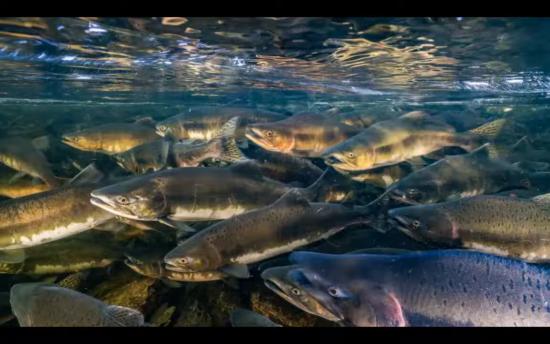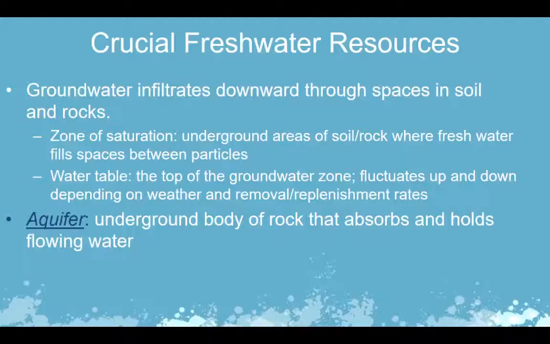But this problem is not just with the fresh waters above ground. Groundwater infiltrates downward through the spaces in the soils and rocks. There's what's known as the zone of saturation, underground areas of soil and rock where fresh water fills the spaces between particles. You may have heard people talk about the water table, right?